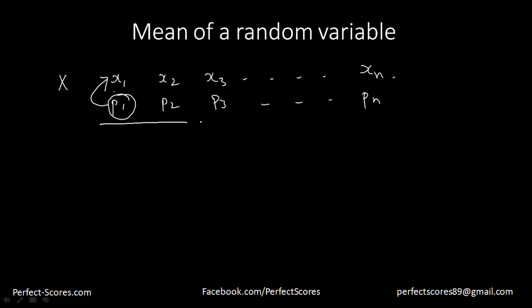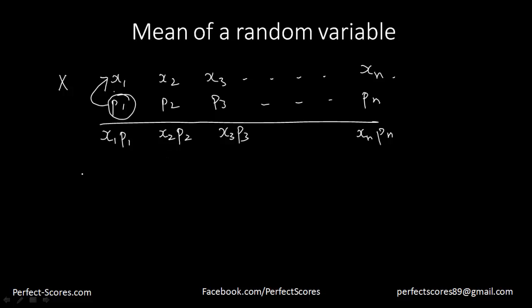That means in real terms, the value of x1 would be multiplied by this probability, over here it would be this probability, over here this probability. So what I'm doing is multiplying the respective weights into their numbers, so as to have a good idea about the importance of each number in the list.